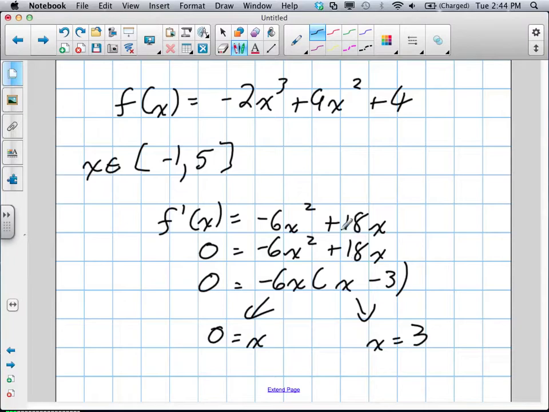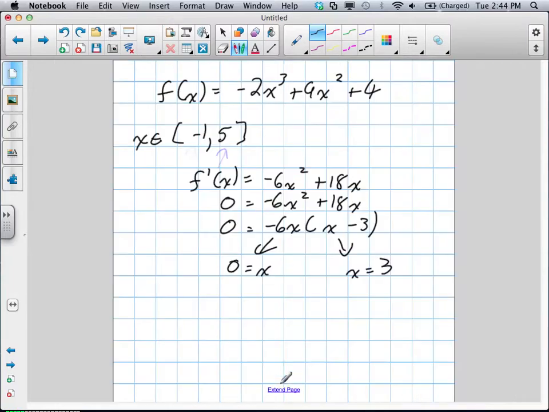Both of these exist in our interval, because our interval is negative 1 to 5, and 0 and 3 both fall in between there. So those are turning points for sure. We don't know if they're maximums or minimums. We also have the beginning and ending points.